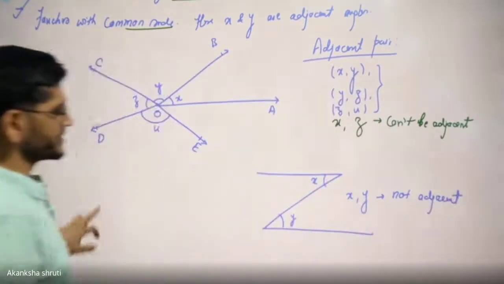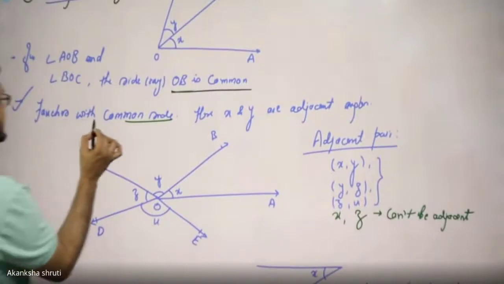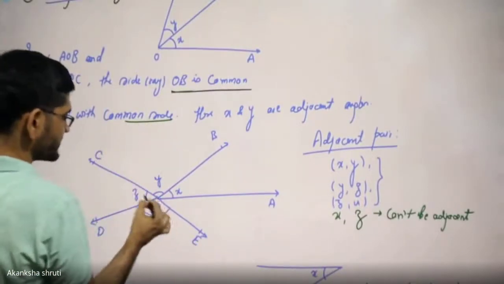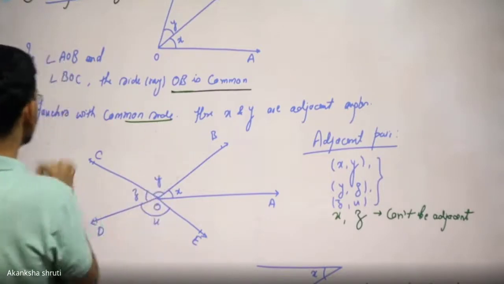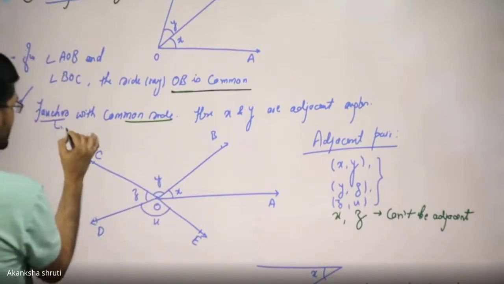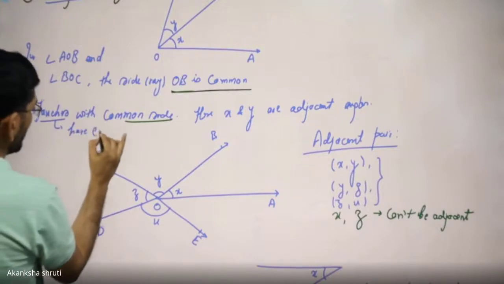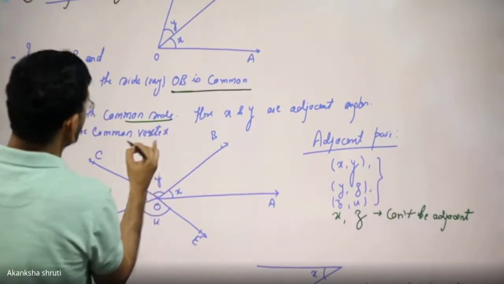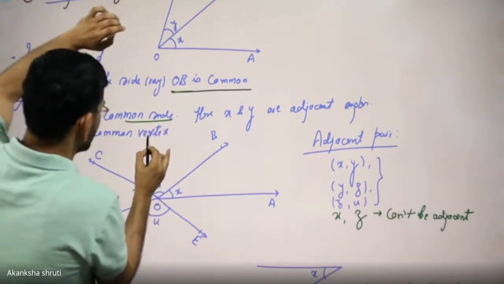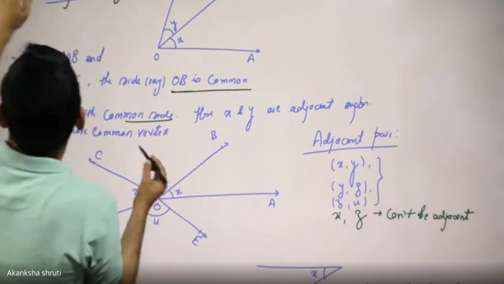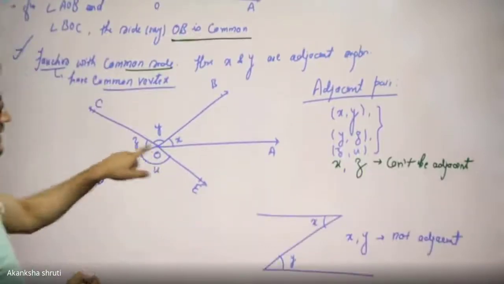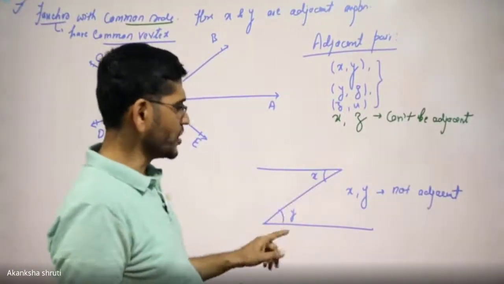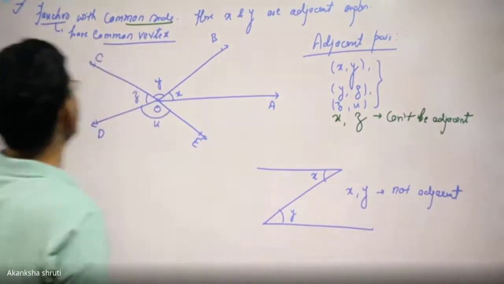So identifications are very important. They touch with a common side, and touching means they have a common vertex also. So they must have the common vertex and the common side. If only the side is common and the vertex is not common, they will not be adjacent.